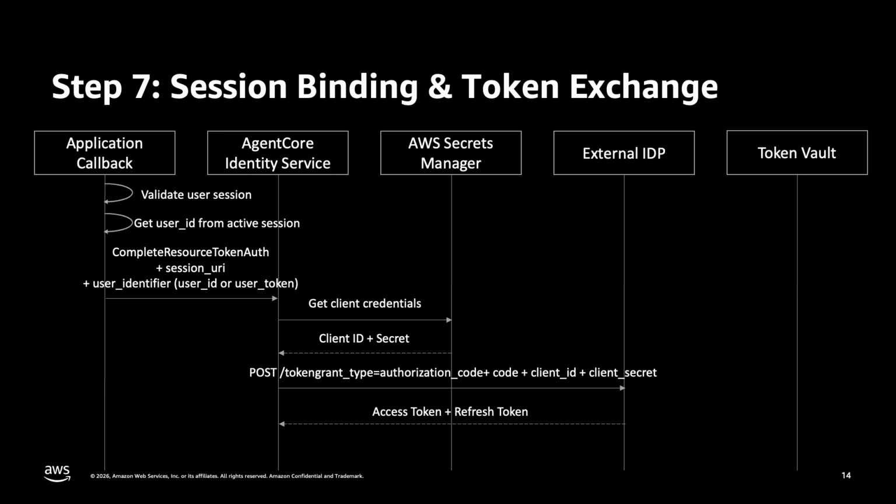Once AgentCore receives this confirmation, it retrieves the client credentials from Secrets Manager, calls the identity provider's token endpoint, and gets back the access token and refresh token. AgentCore stores these tokens in the token vault associated with the specific user and workload, and your app gets a success response.